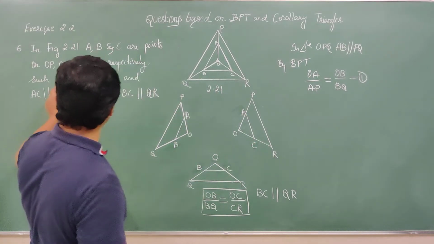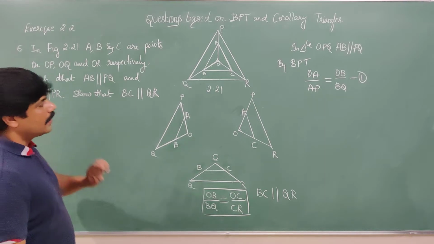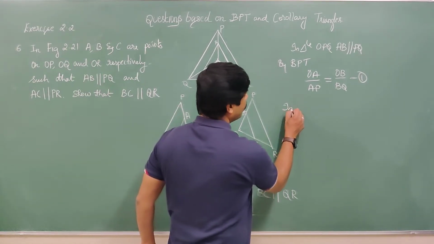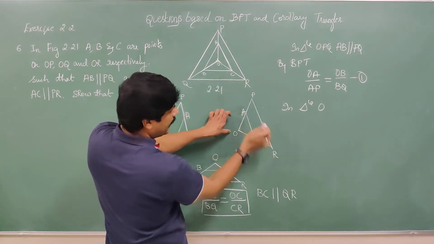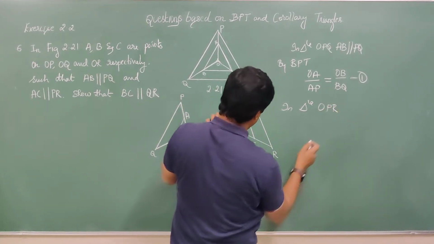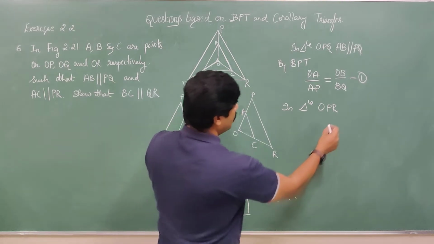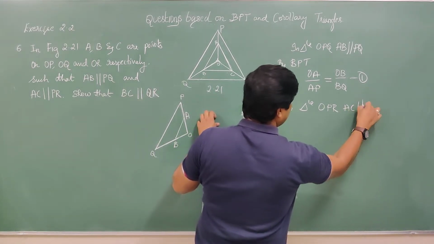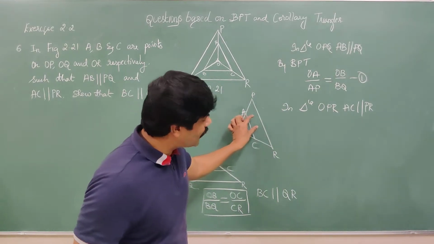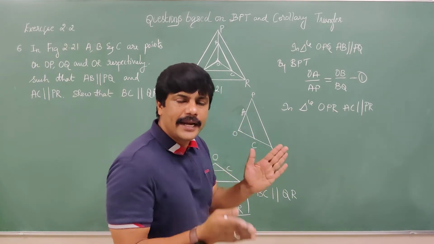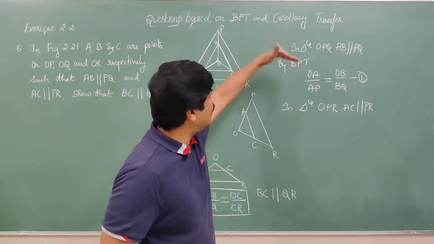Now move on to the second triangle, OPR, because the condition is given AC is parallel to PR. Once a line is parallel to one of the sides of the triangle, it divides the other two sides in the equal ratio by BPT.